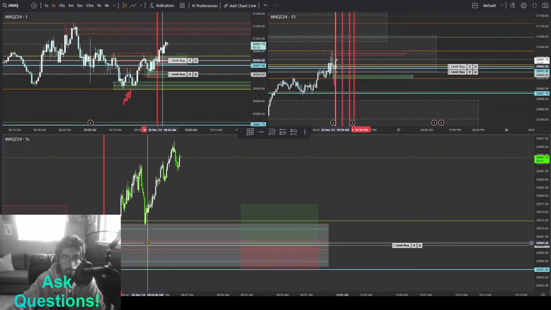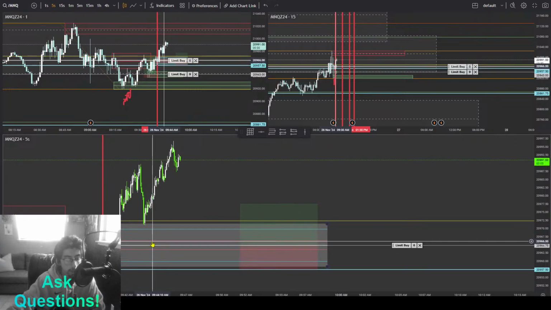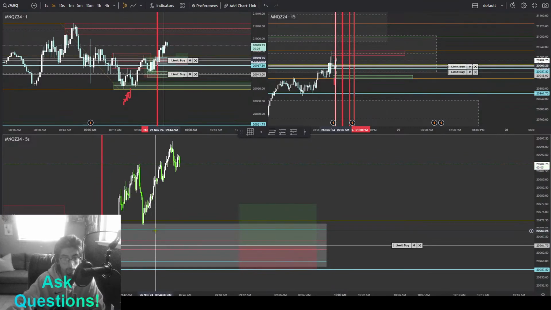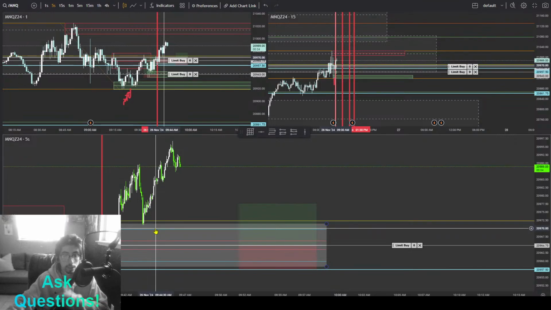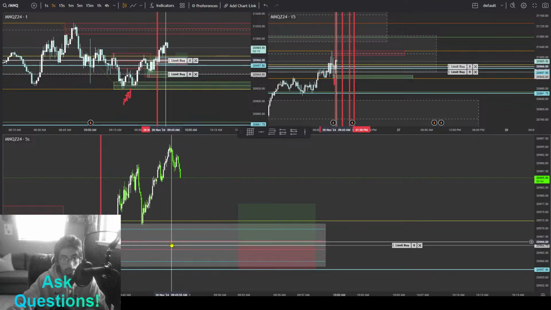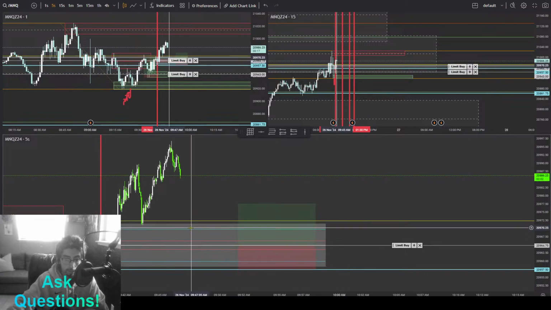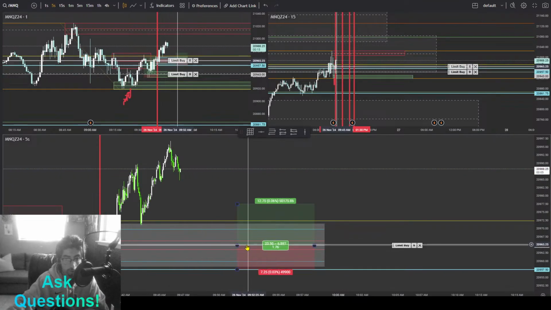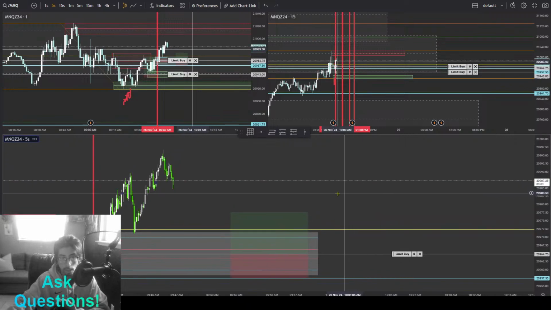If price comes in and touches or passes this red line and doesn't touch 50%, then it touches the blue, the zone is mitigated, meaning the zone is not tradable anymore. So if price comes in and passes this red line and comes back and touches the blue line, and it still didn't touch 50%, I will not take the trade because the zone is mitigated.